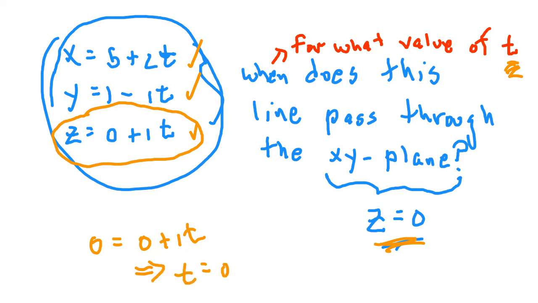So what we're going to do is take that value of t and substitute it in the other two equations to determine x and y to get our coordinate.